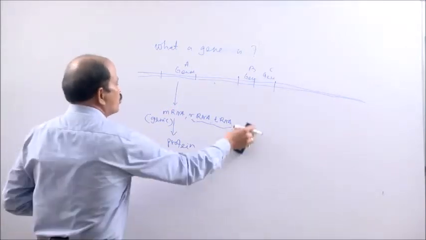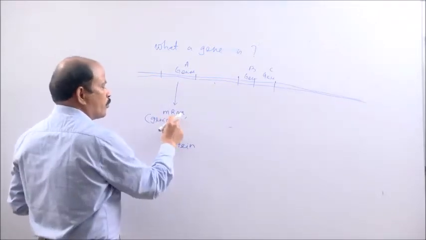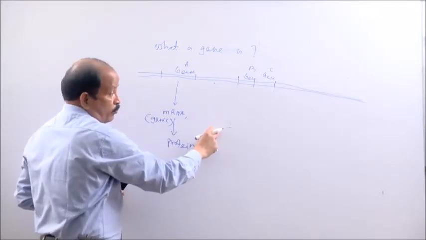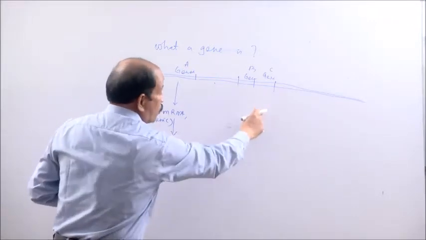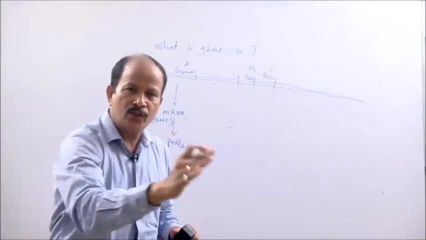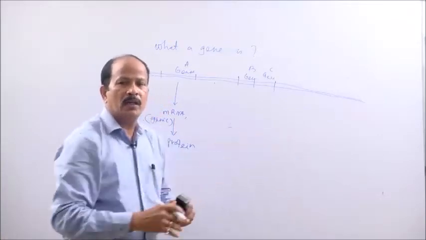So a gene is a stretch of DNA which codes for either mRNA, which leads to protein, or it may lead to synthesis of tRNA or rRNA.